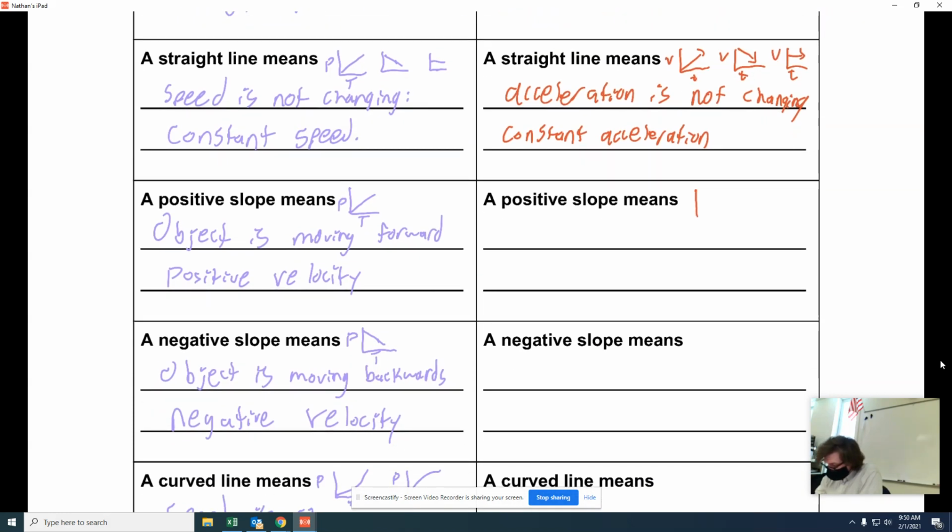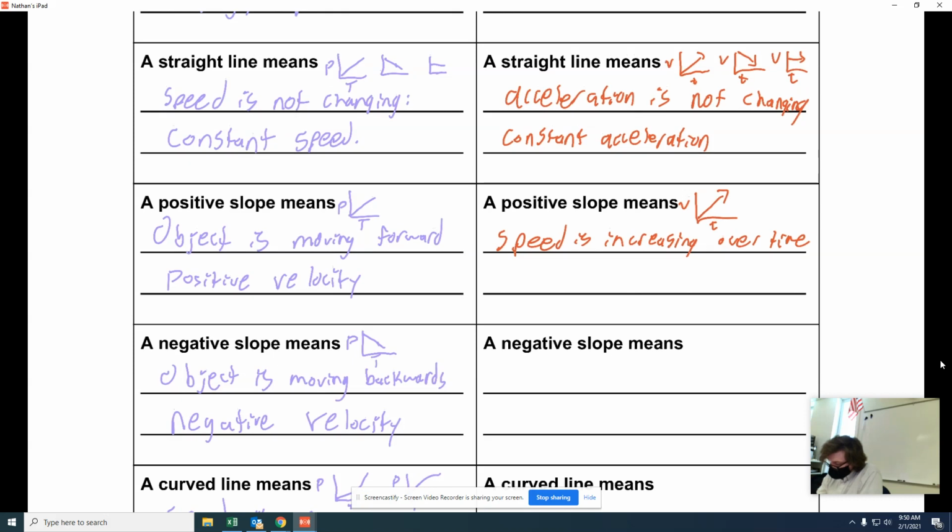So let's look at each of these examples a little bit more in depth. If we have a positive slope, this means that our speed is increasing over time. So our object is speeding up, which means we have a positive acceleration.